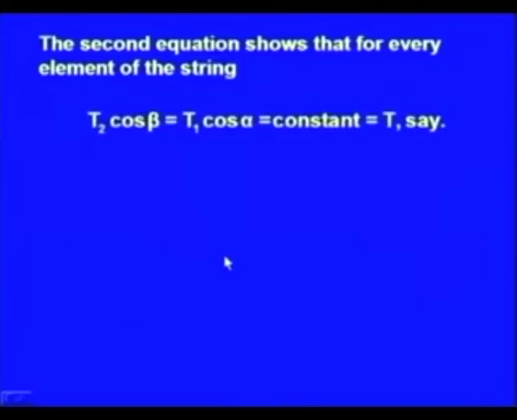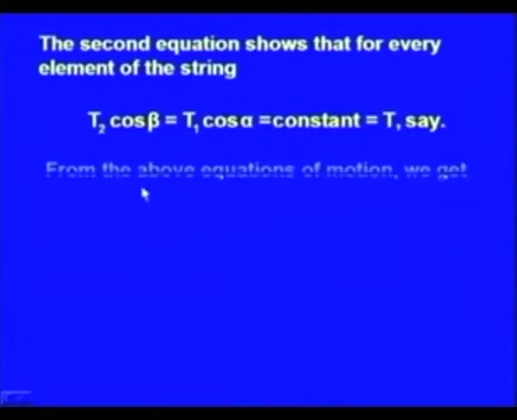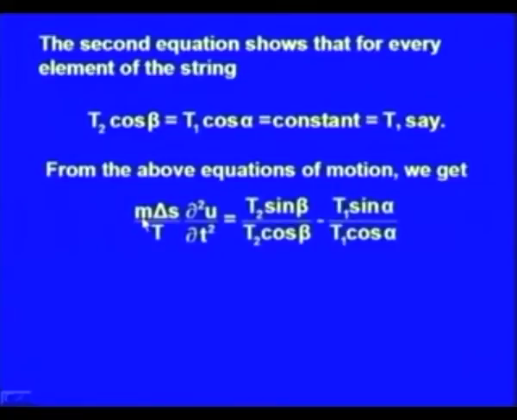Now, the second equation T2 cos β minus T1 cos α equal to 0 shows that for every element of the string T2 cos β is equal to T1 cos α, and so we can take it as a constant, say T.